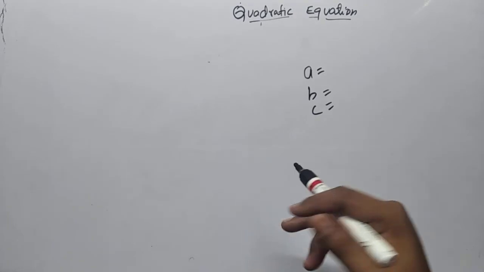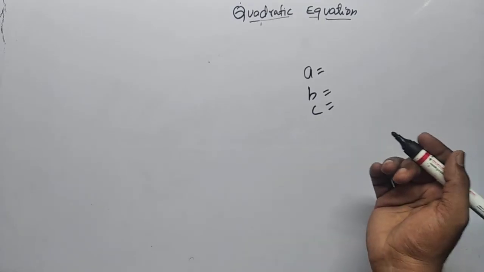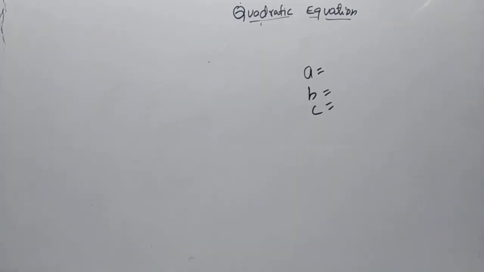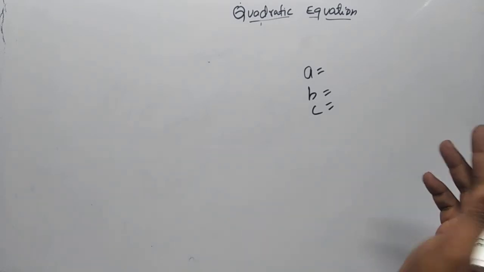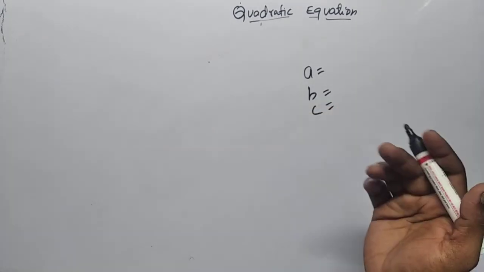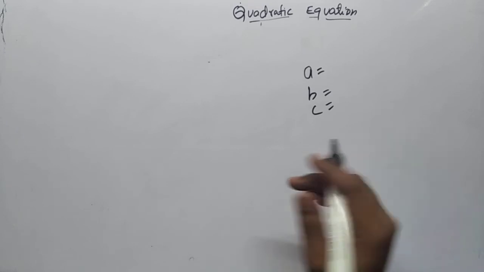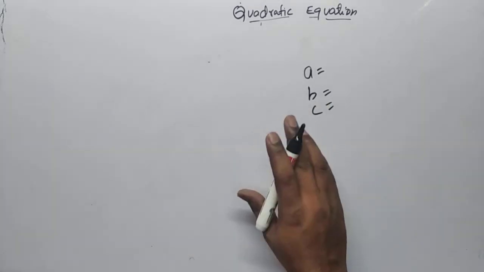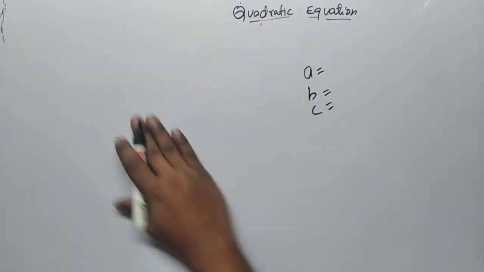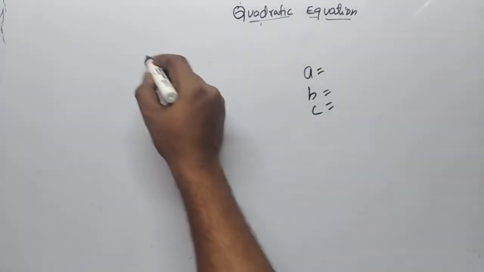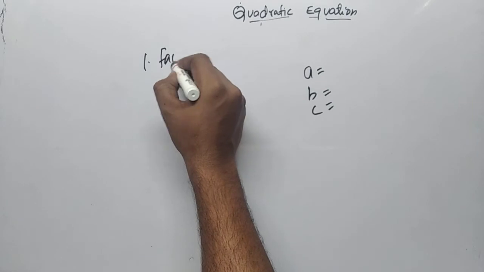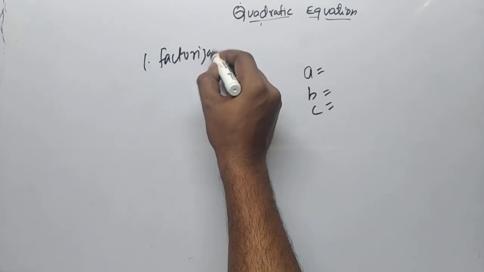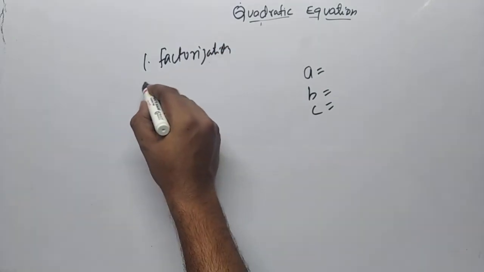In the next exercise in your textbook, you will have some methods to find the solution for the quadratic equation. Actually we have around 3 methods. The first one is factorization, where you find the solution with the help of the factorization method.